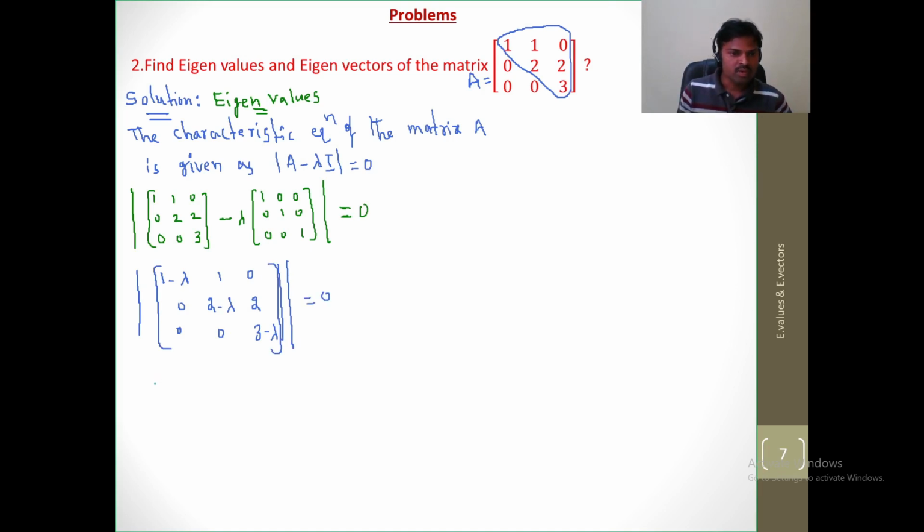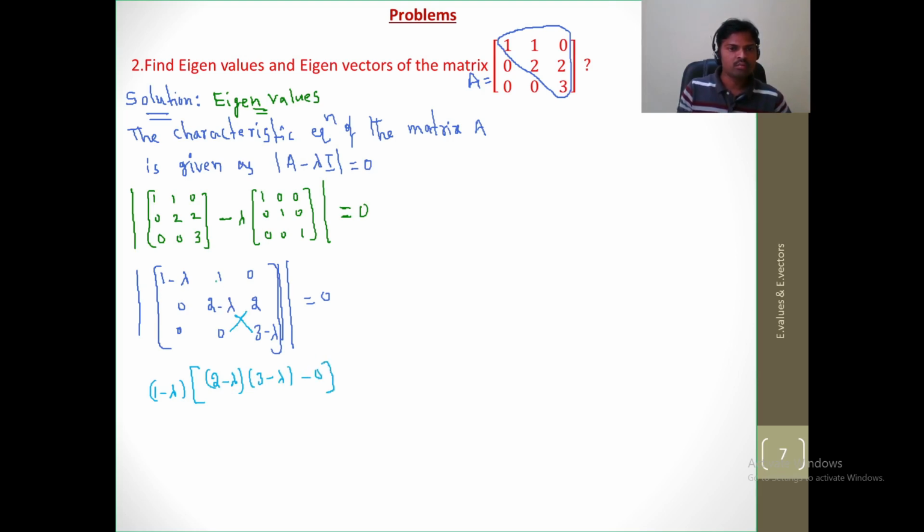So 1 minus lambda into, expanding through this entry, (2 minus lambda) into (3 minus lambda) minus 2 into 0, which is 0, minus 0.